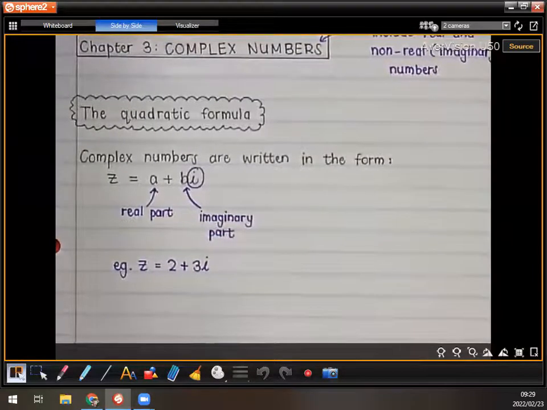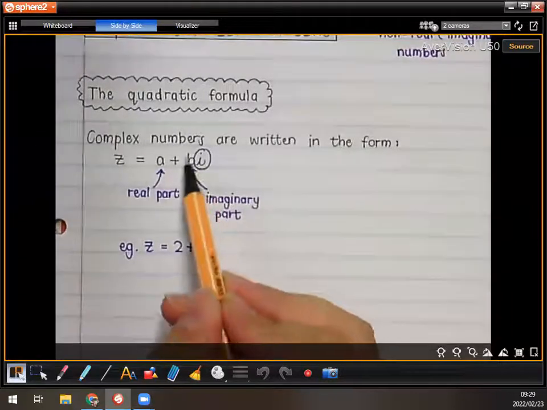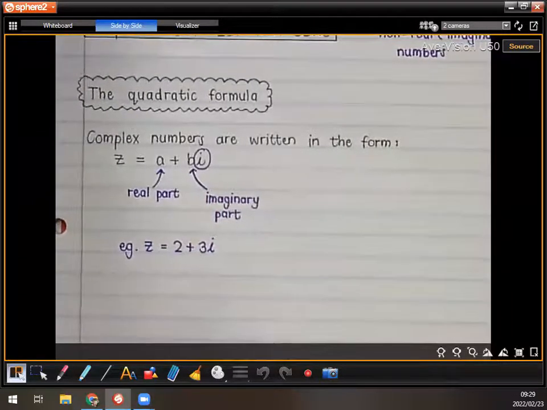The i is the imaginary. So the number in front of i is the imaginary part. So then a complex number consists of a real number and an imaginary number put together.